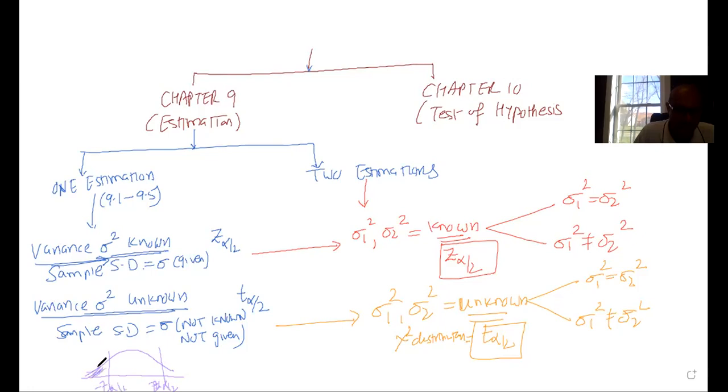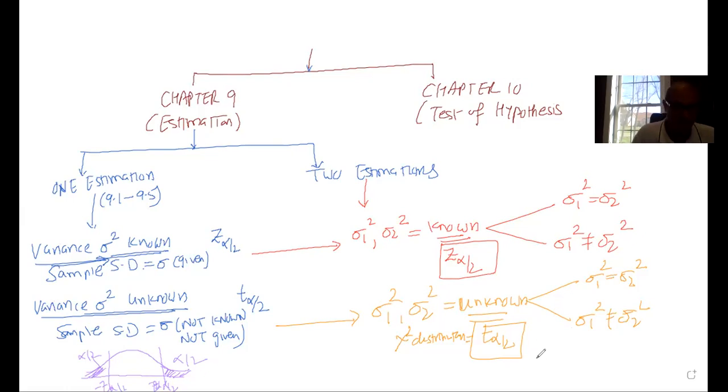And this is the region alpha by 2, and this is the region alpha by 2. That means in both of these estimation parts, suppose we want to find 95% accuracy, 99% accuracy, 98% accuracy, or 90% accuracy. This type of thing would be answered using this estimation problem, or using this chapter.